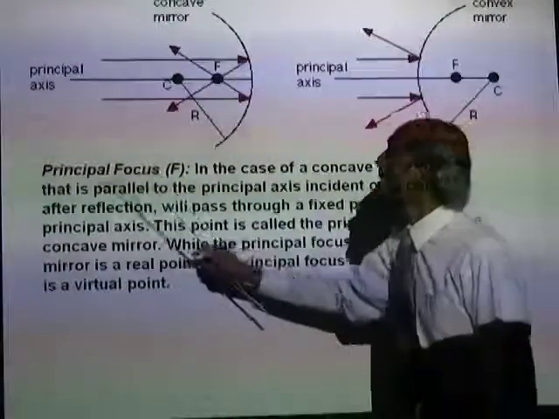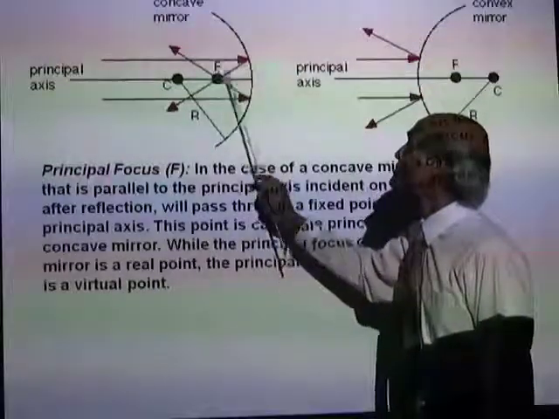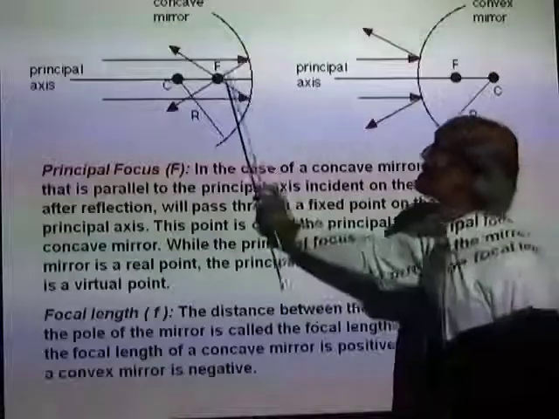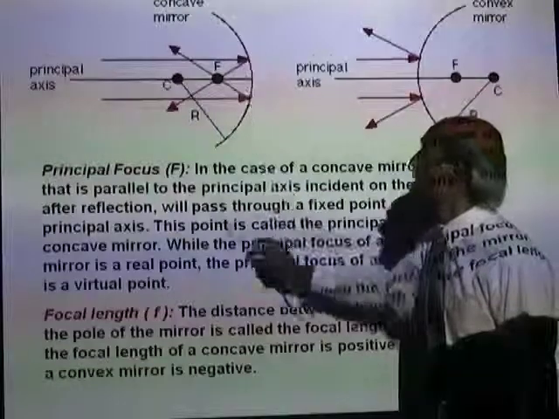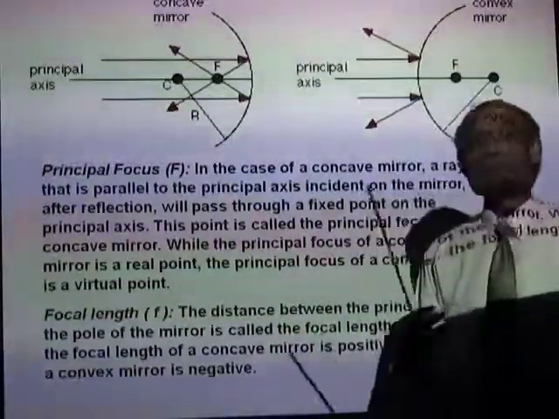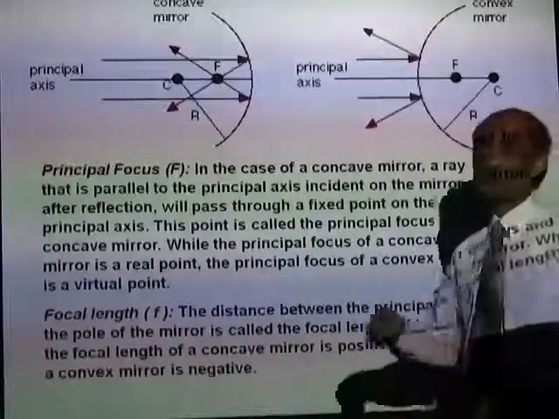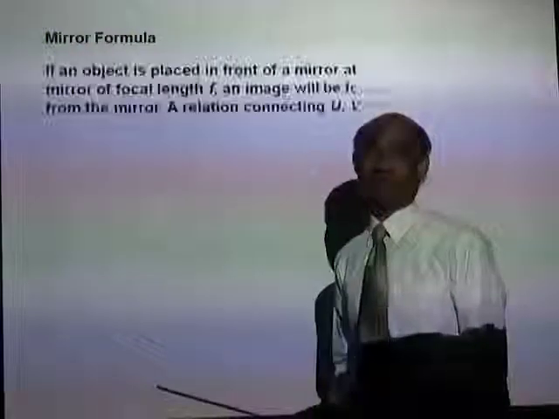That point is called the principal focus, and we will represent that by the letter F. The distance from the principal focus to the mirror is called the focal length of the mirror. A mirror is characterized by its focal length. You can see I am going fairly fast with these. They're very simple ideas.